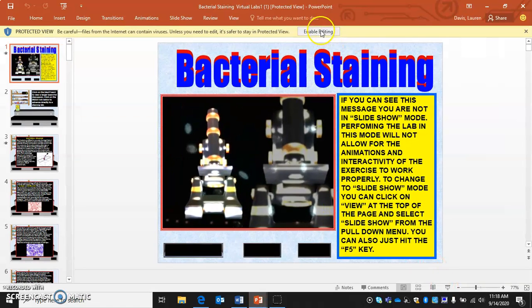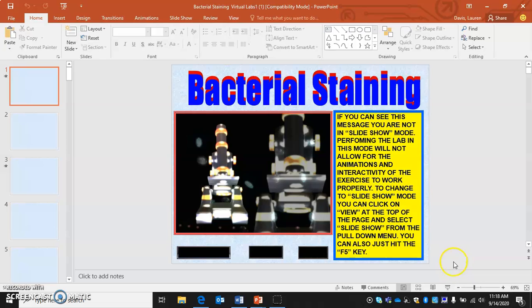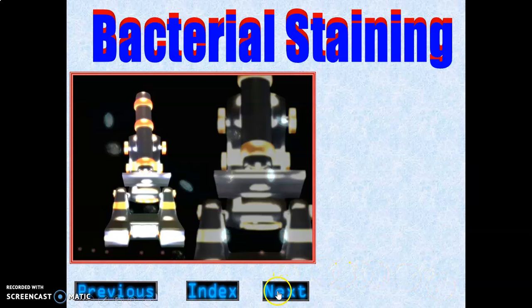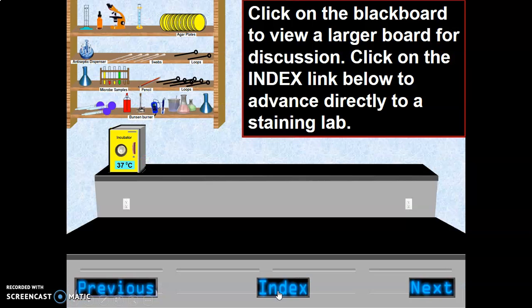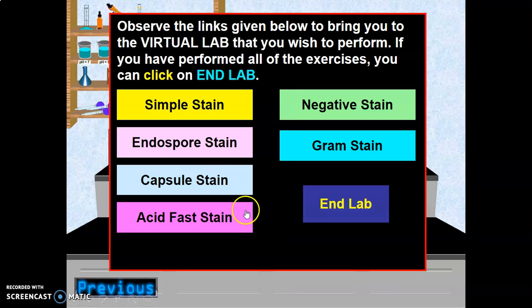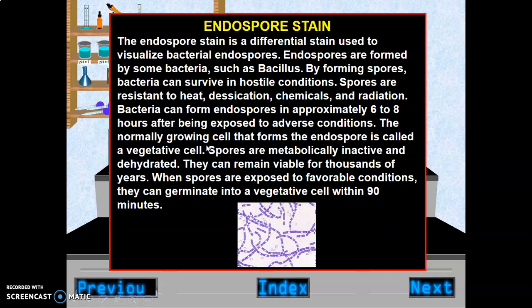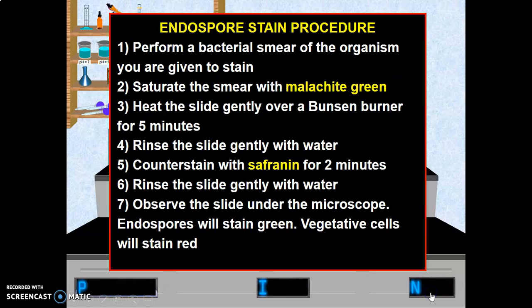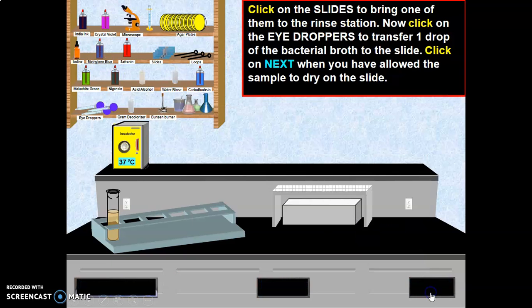And then enable editing, and then click on this little slideshow button down here, and then go ahead and hit next, index. And then we need to pick our endospore stain, and then just read through the few descriptions they have, look at the procedure, and then just follow the instructions and click next through here as you actually go through and perform an endospore stain.